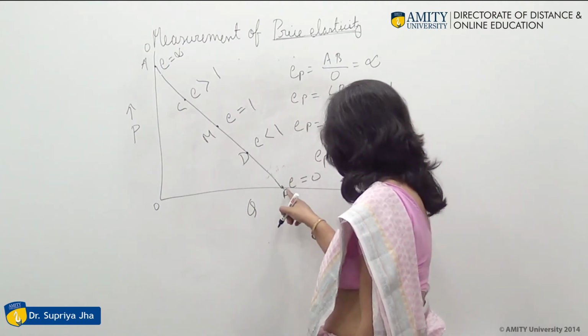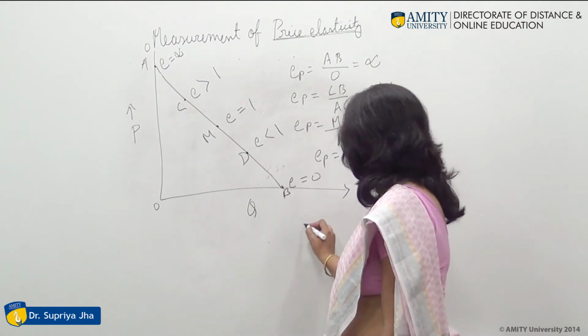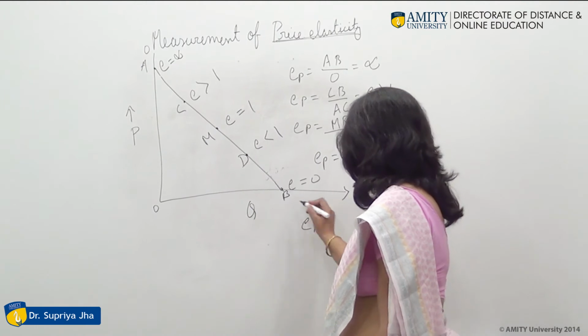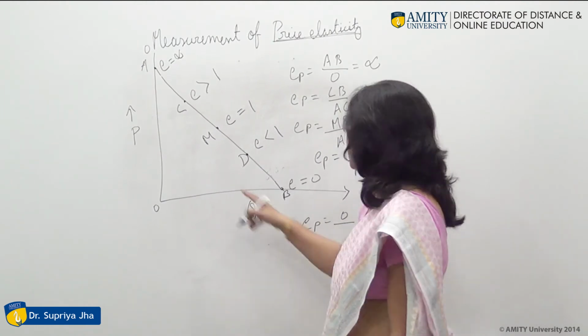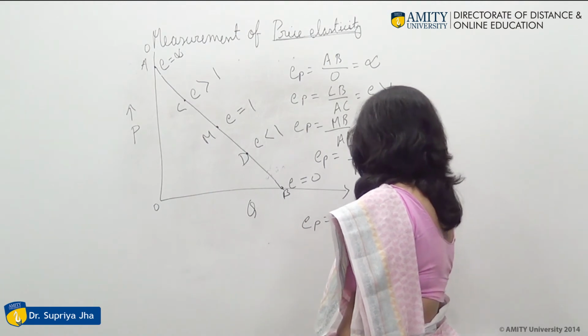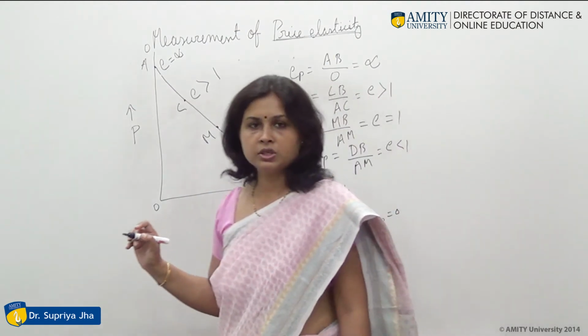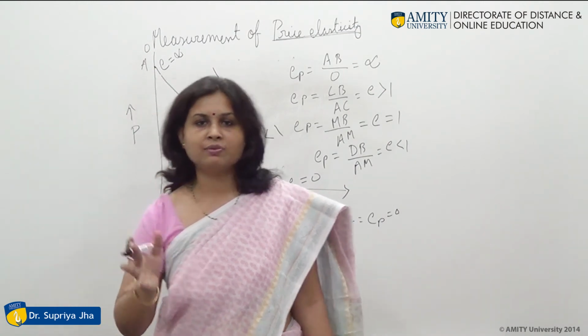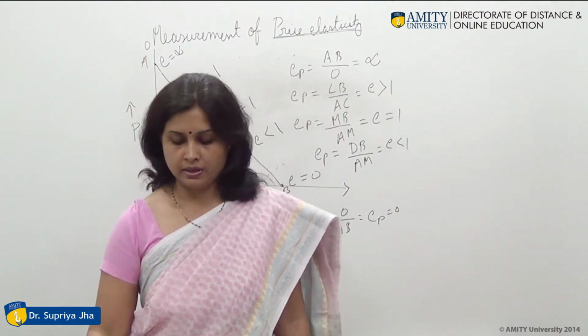At point B, lower segment is 0, so EP is equal to 0 upon upper segment AB. So EP is equal to 0. In this way, through geometric method, we have calculated all 5 types of elasticity of demand.